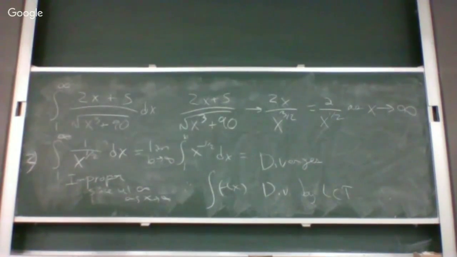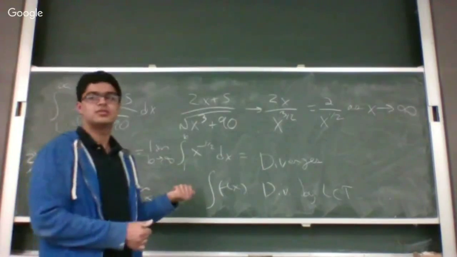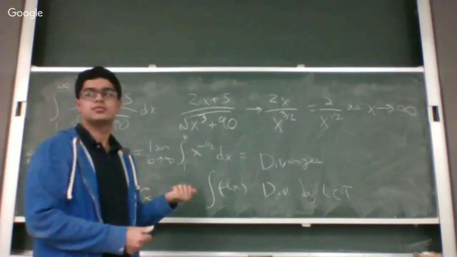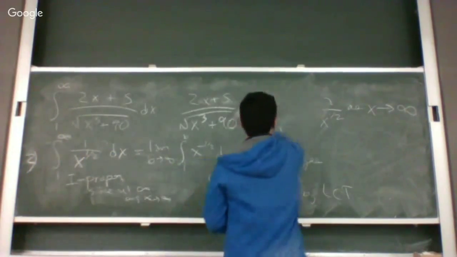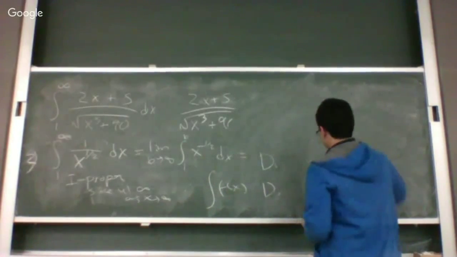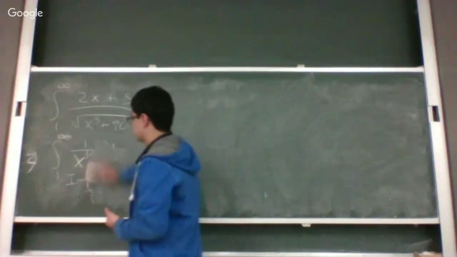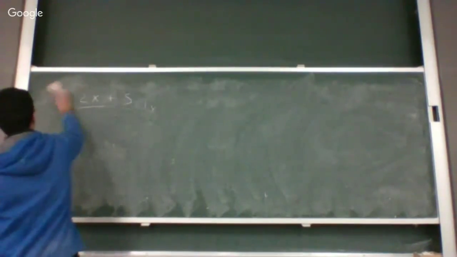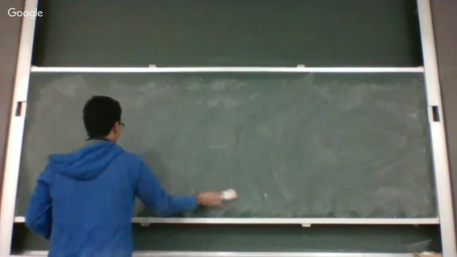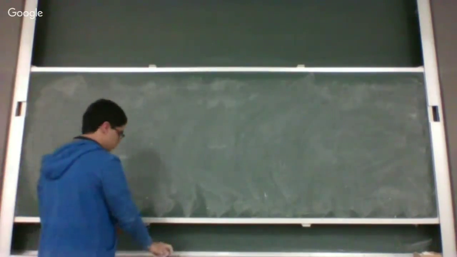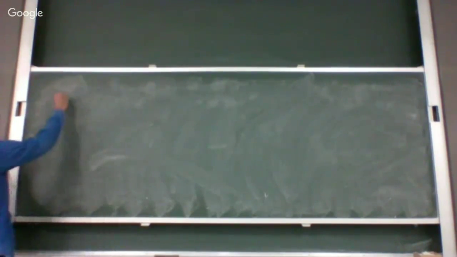So let me summarize the two tests. Can I erase this? On Friday or Monday, you'll learn even more tests that you can do for different kinds of problems. Okay? So these aren't it.